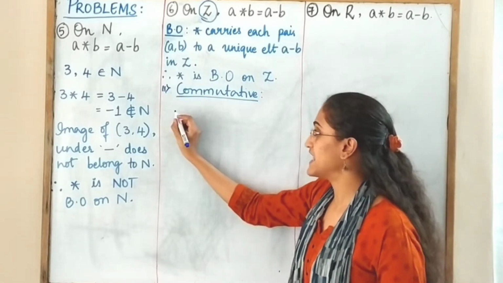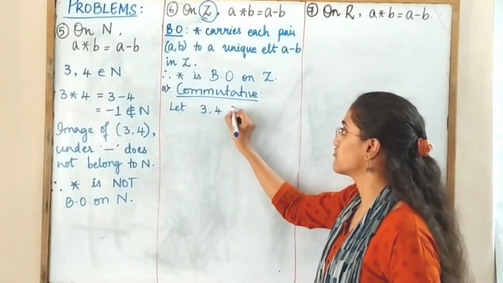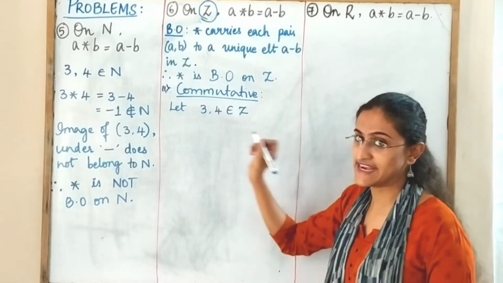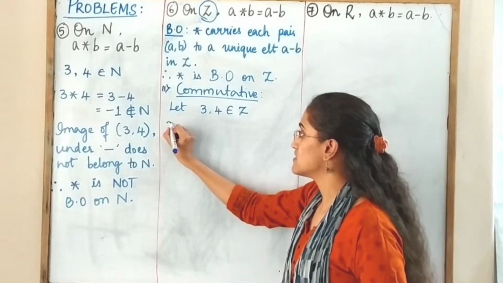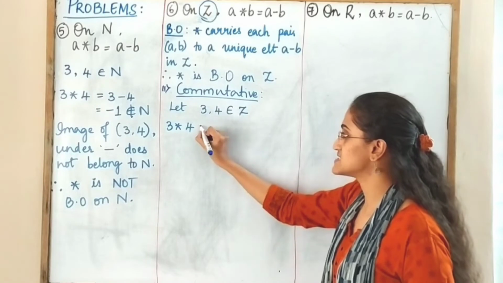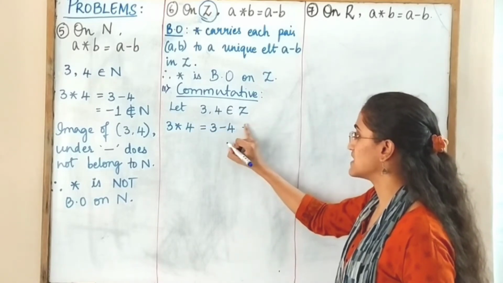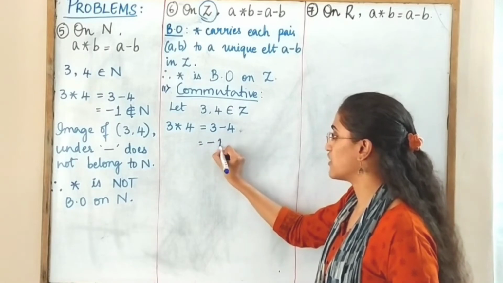You may take any example. If I am taking 3, 4, which belongs to the set of all integers, then the operation a star b, which is 3 star 4, gives us 3 minus 4, which is nothing but minus 1.